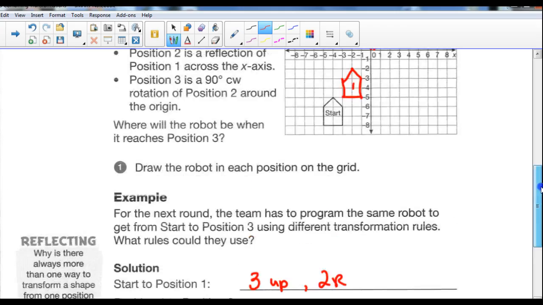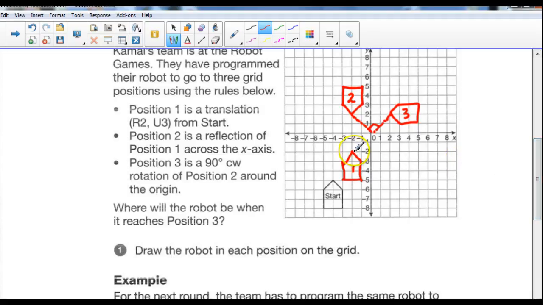Then what we could do to get it from here to here, it's a reflection, but what would happen if we were to rotate it about the axis? So it's facing that way, we rotate it over here. Could we rotate that? We could rotate it about, not from the axis, but rotate it about point 2. So we could rotate it here.